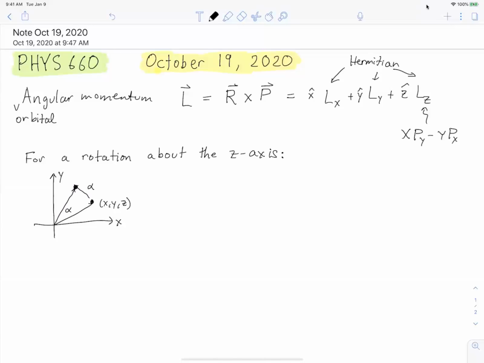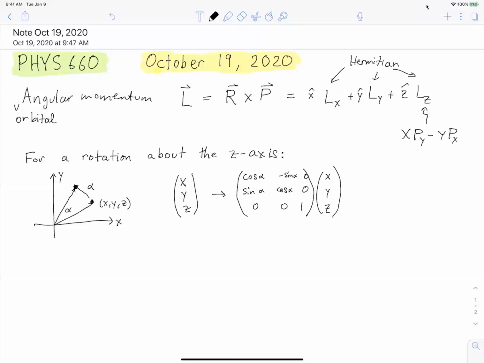This angle's alpha. And so geometrically, we can describe this by saying the coordinates x, y, and z are transformed into a rotation matrix, which is going to be cosine alpha, minus sine alpha, 0; sine alpha, cosine alpha, 0; 0, 0, 1, acting on x, y, and z.